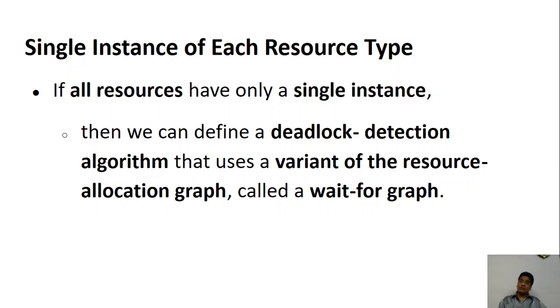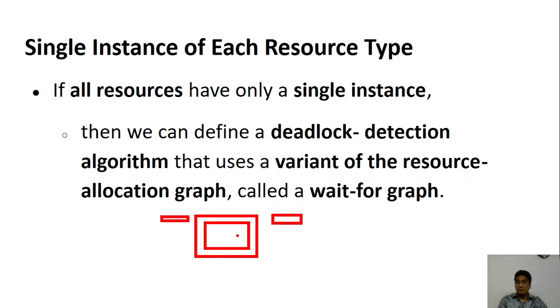There are two ways in which you can do it. One is when there is only one single instance of the resource, and the other is when there are multiple instances of the resource. What do I mean by saying single instance of the resource? Suppose your computer has only one printer, that is one resource, one hard disk, one resource, one monitor.